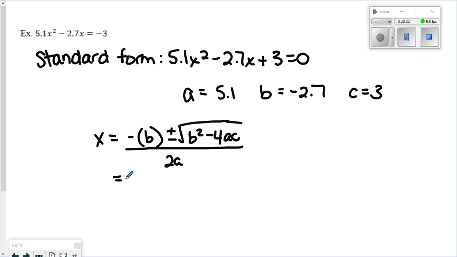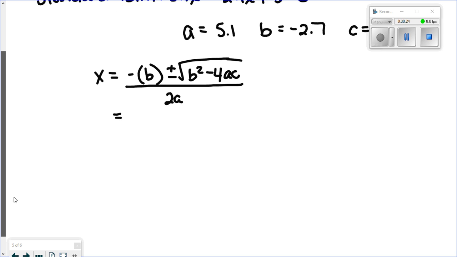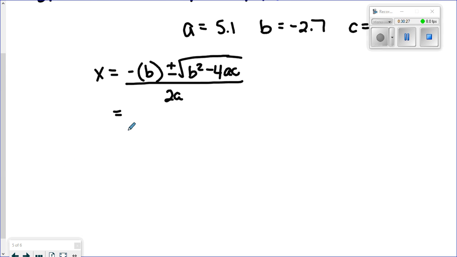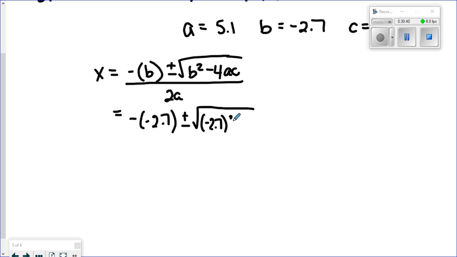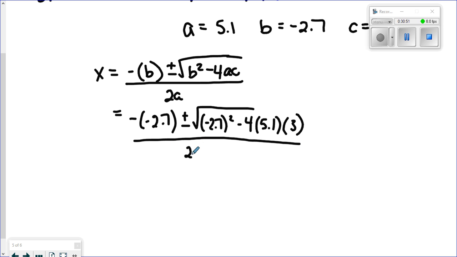So substituting in our values for A, B, and C. A is 5.1.